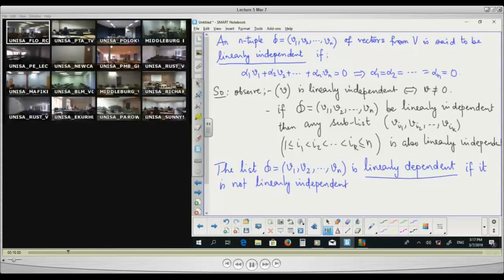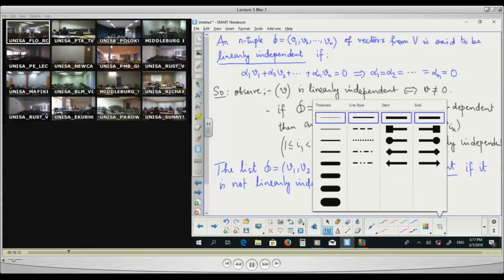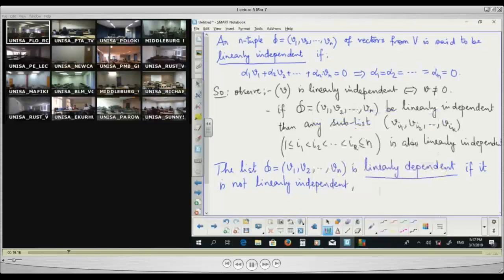Which means that there will therefore exist, not all zero, such that... that means you can write zero non-trivially.